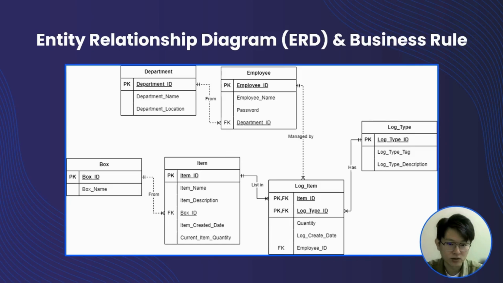With that, we can know whether this item has been borrowed, disposed, or added. We can also know who the person in charge reporting to this log is. So this ERD is good to be used before the calculation.